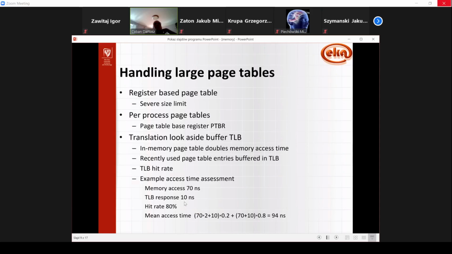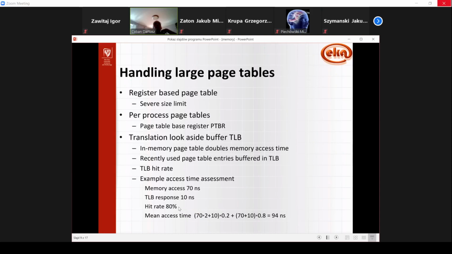If it is, then the access time will be just the memory access plus the time needed for the TLB response.